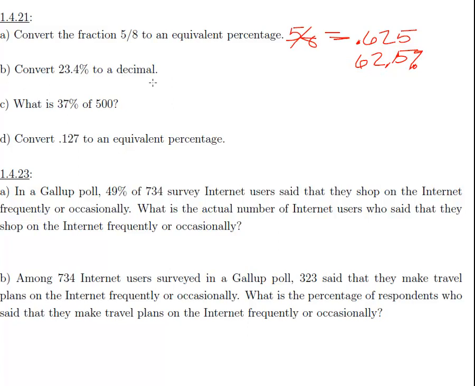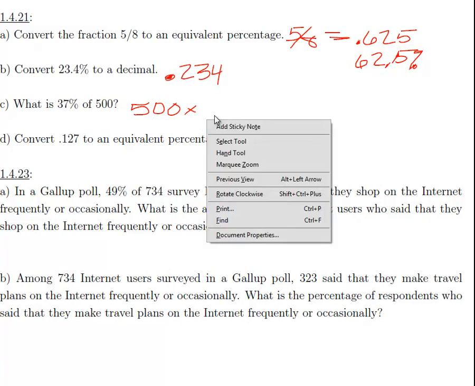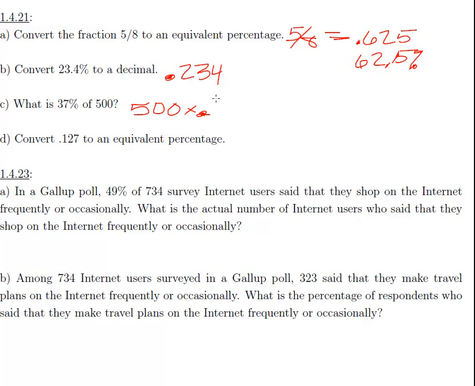To convert 23.4% into a decimal, I just move the decimal over 2 spots. So 0.234. 37% of 500, I would just take 500 times 0.37, and that gives me 185.